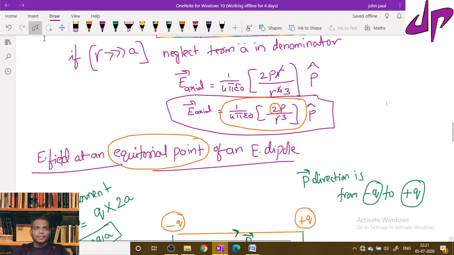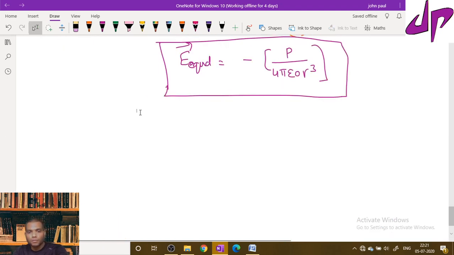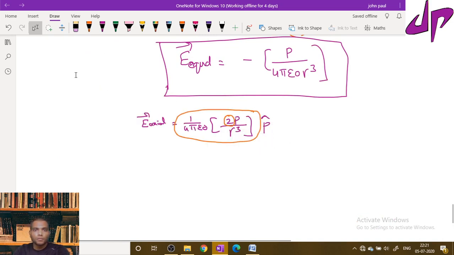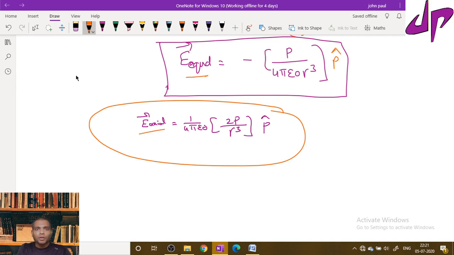So if I take these together, this is the electric field due to the axial point and this is the electric field due to the equatorial point. Here I mentioned P cap. So here you can combine the axial point and the equatorial point.